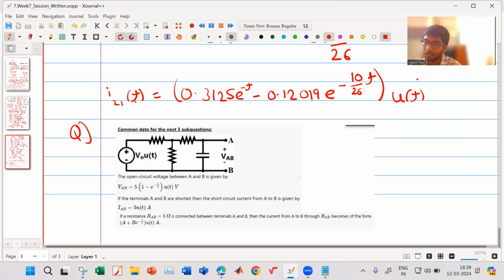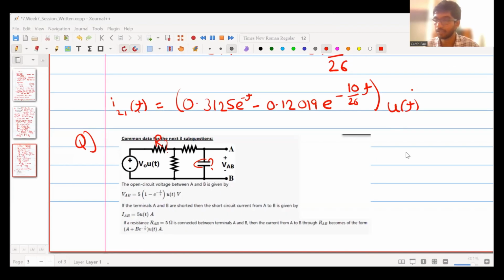So here you don't know what the resistor is, you don't know how much the capacitor is. With whatever expressions are given to us, we have to proceed. All we know is they have told us that the open circuit voltage between A and B is given by this expression, phi into 1 minus e raised to minus t upon phi, u of t.